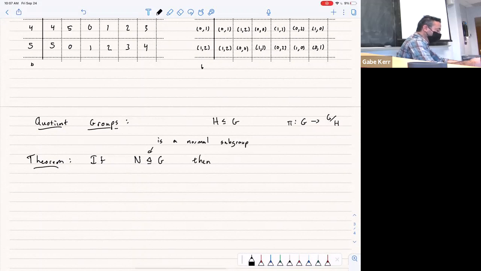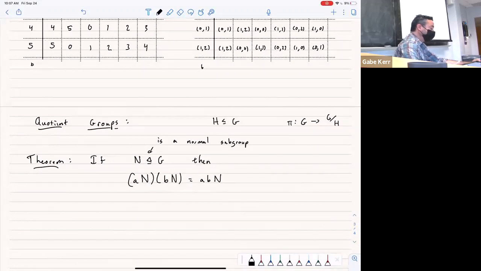Then if I take N here, I have two left cosets. I multiply them together, aN times bN. It is a left coset, which by itself is not clear, but furthermore, it's the left coset with representative ab.